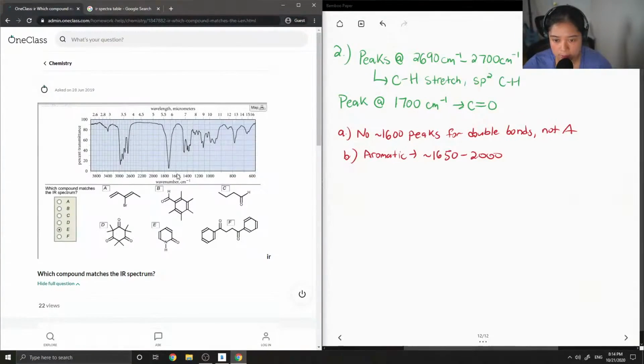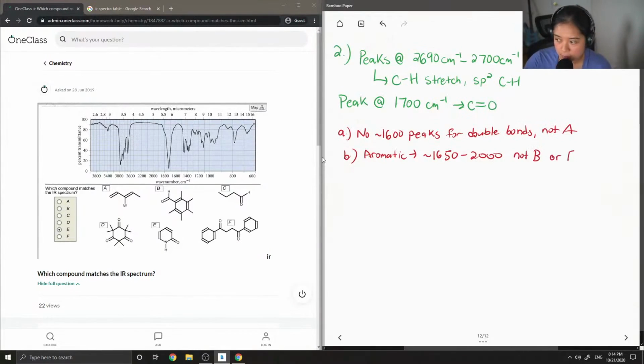So let's look at our spectra. There are also no peaks whatsoever for these locations. So already, not only can we rule out B, we can also rule out F, since they both have aromatic rings.